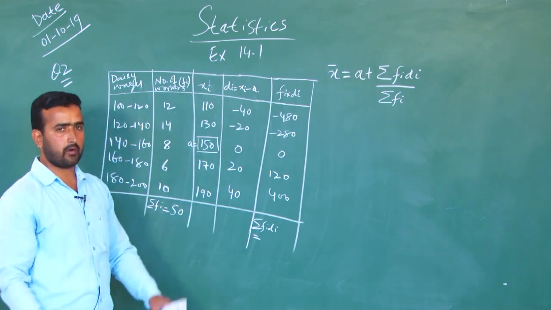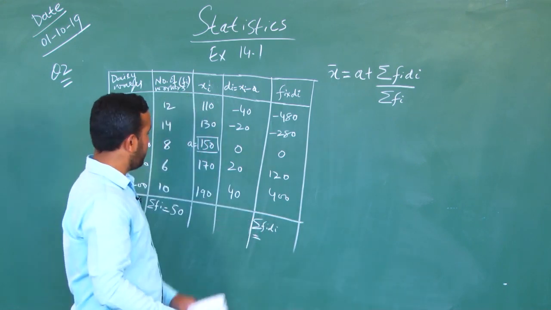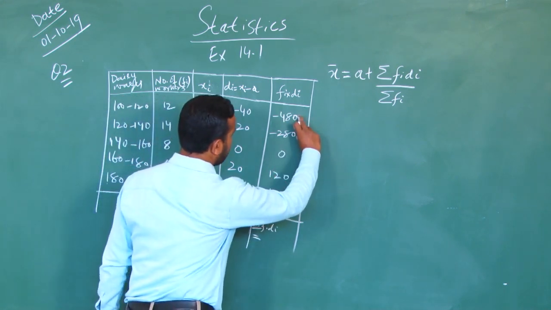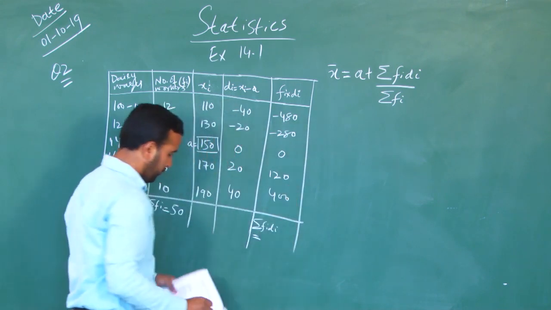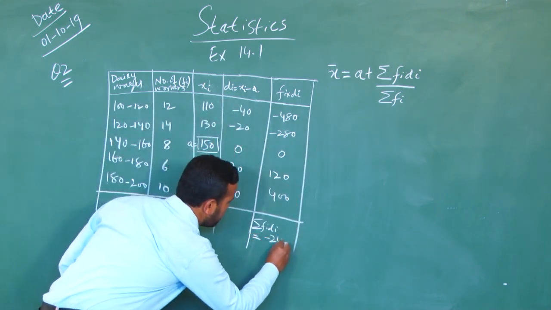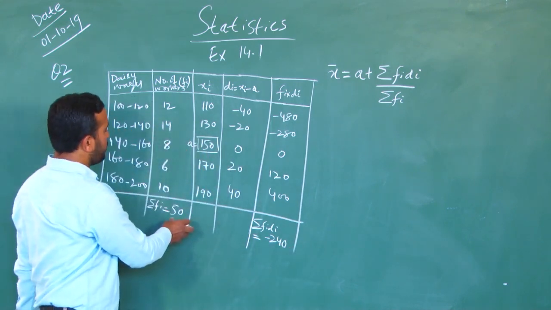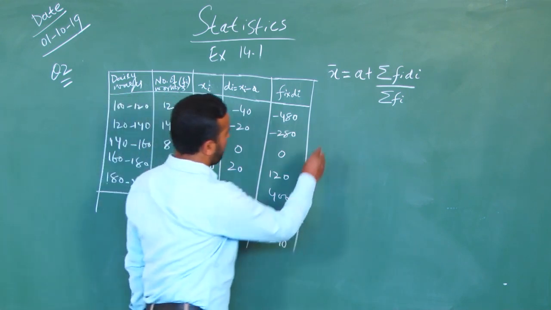After adding the negative and then positive values, we'll get a result of minus 240.